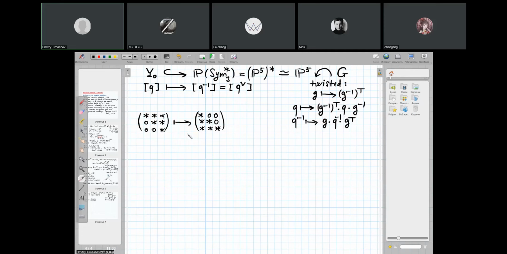But let me continue. The Borel subgroup of upper triangular matrices under this automorphism transforms to the opposite Borel subgroup of lower triangular matrices.